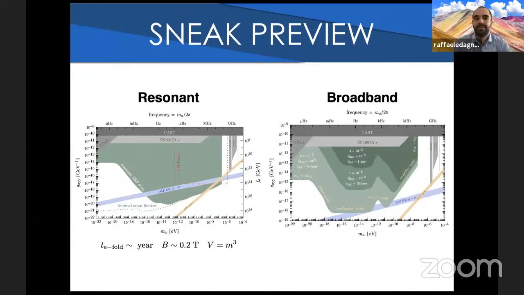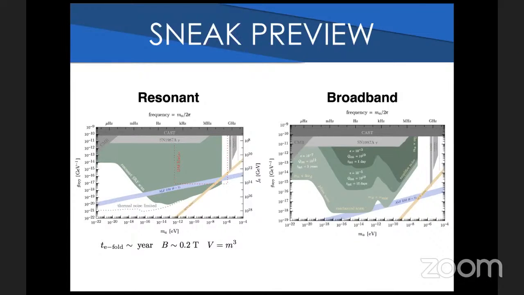In reality, this sensitivity on the left is resonant down to roughly 1 Hertz, maybe down to 0.1 Hertz, and after that it's the broadband sensitivity. So with current technology, we know how to scan frequency splitting at the level of 0.1 Hertz.